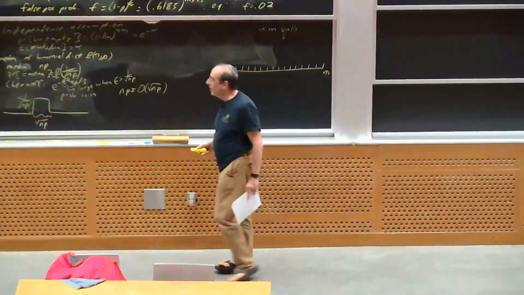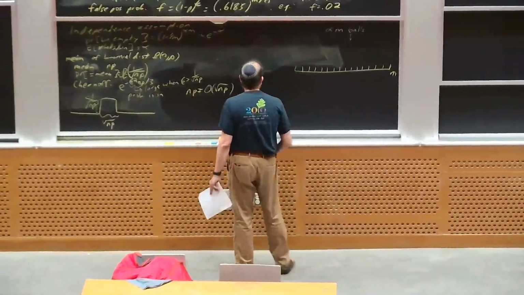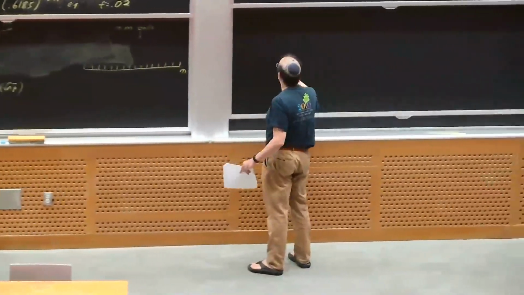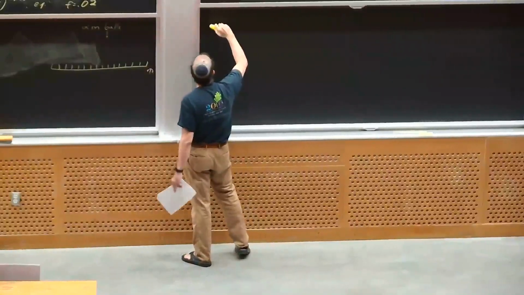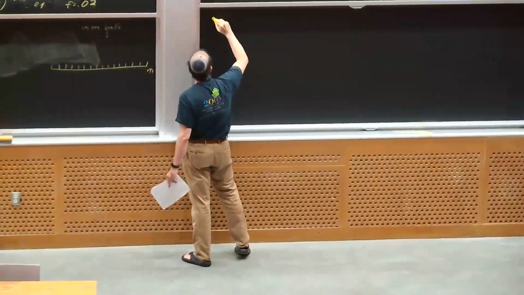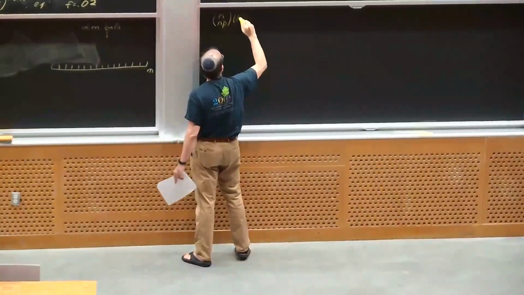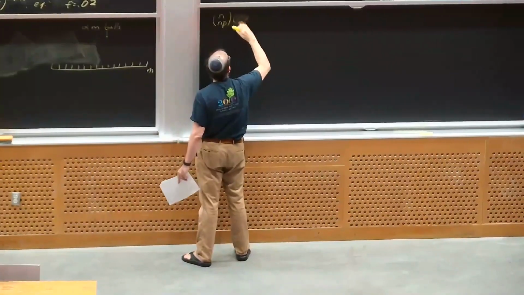Now, I can fill this in with a little bit more careful mathematics using Stirling's approximation. What we're interested in is the value of the binomial distribution at the mean.